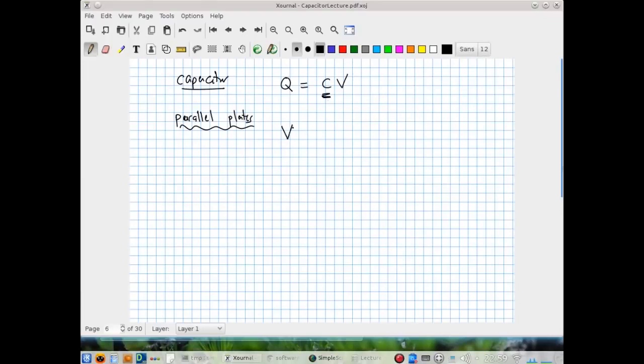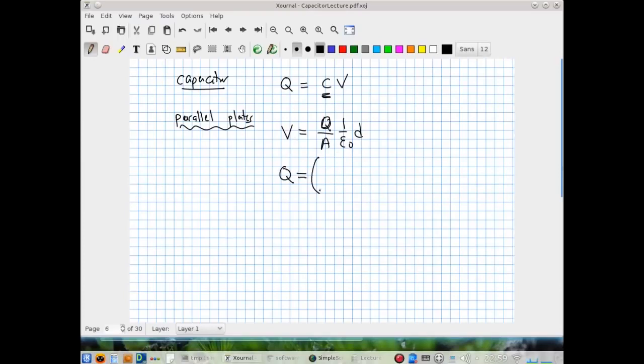Well, we have this equation, that V is equal to the charge divided by the area, 1 over epsilon naught, and D. And all we have to do is move a bunch of these numbers over to the other side of the equation and solve for Q.